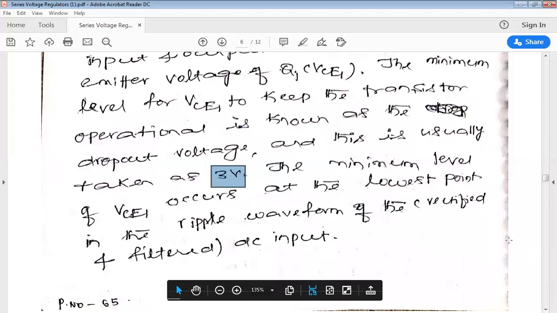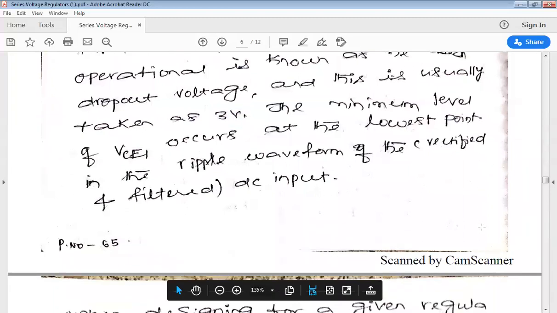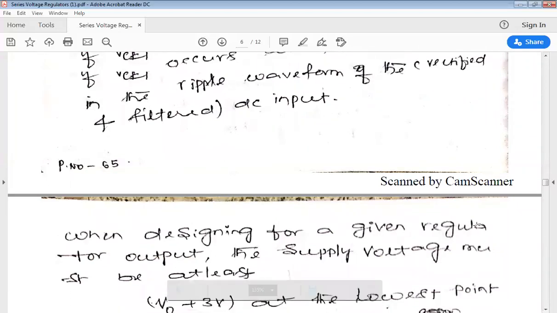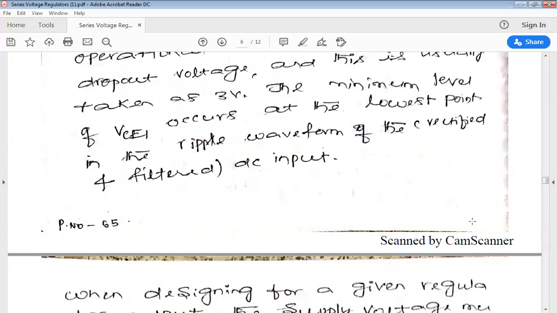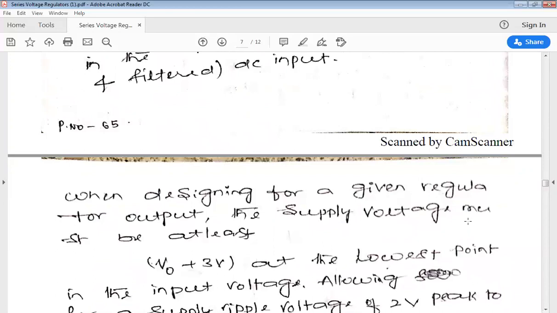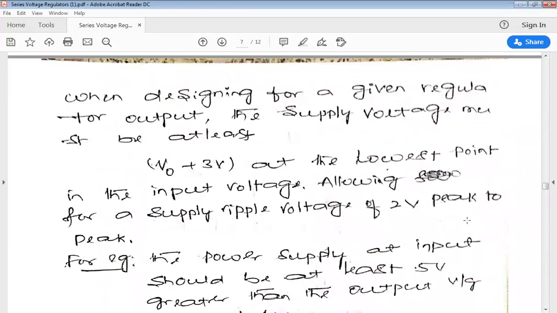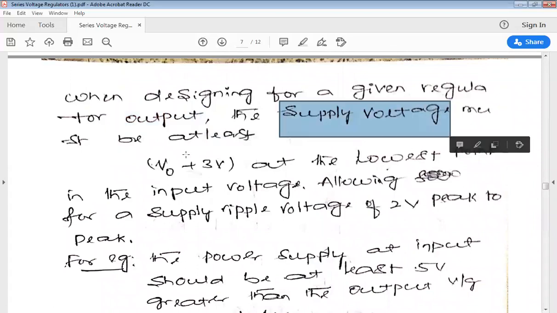And there is also a drop due to the input ripple voltage; the input voltage ripple is around 2 volts. When designing a voltage regulator circuit for a given regulated output, the supply voltage must be at least V naught plus 3 volts.